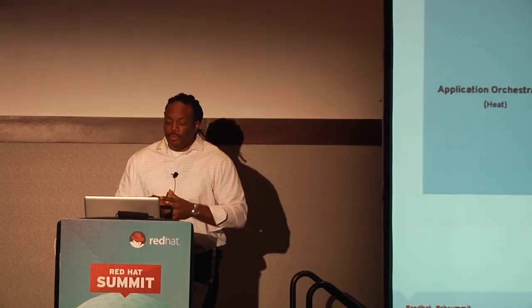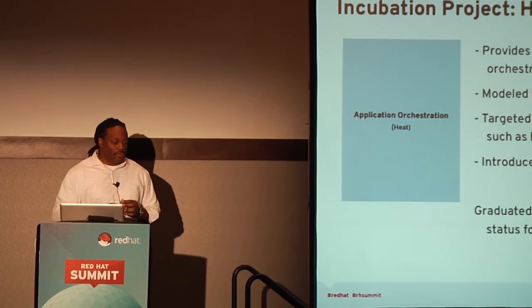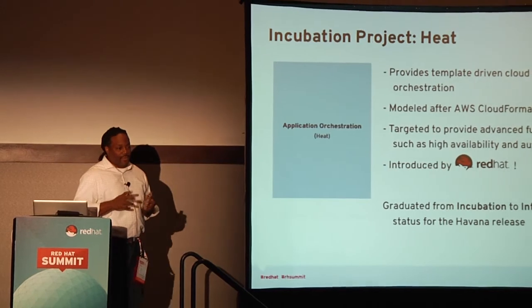So we're getting there. Okay, the next one is Heat. This was actually introduced by a Red Hat employee, one of the Steves. I can't remember, is there Steve Hardy and another Steve? But basically, Heat gives you orchestration of your elastic application.